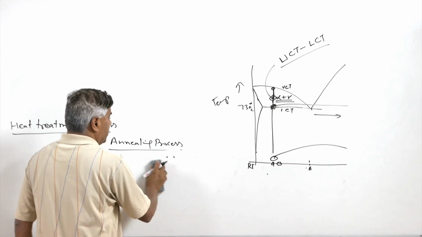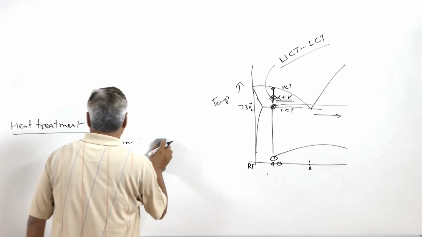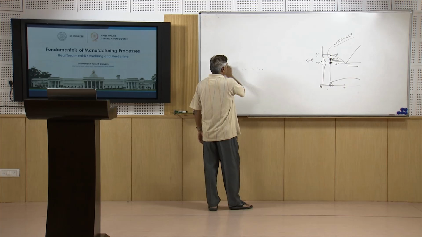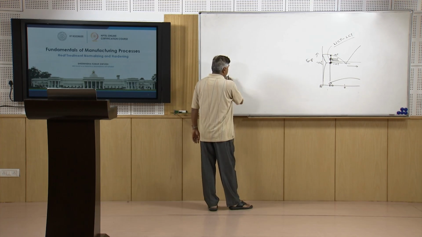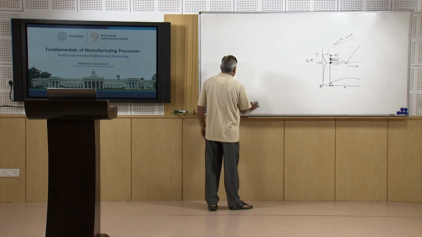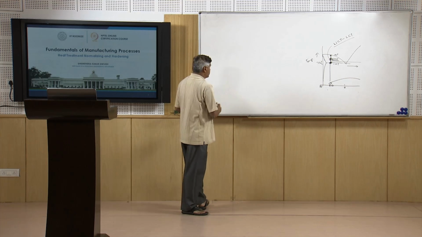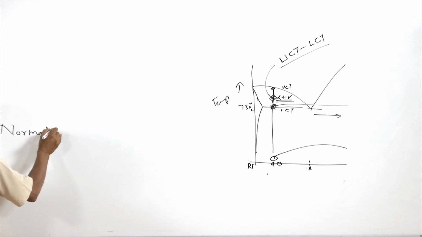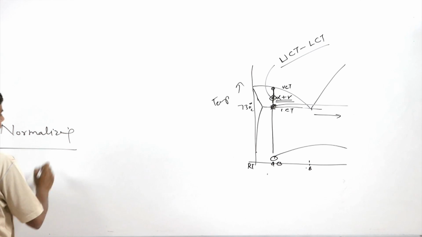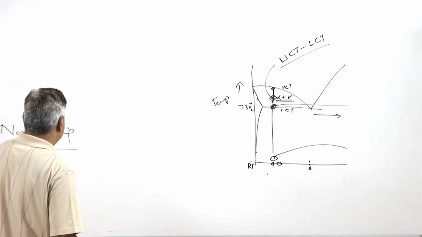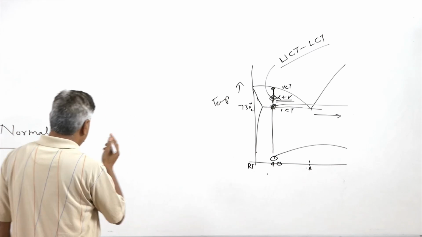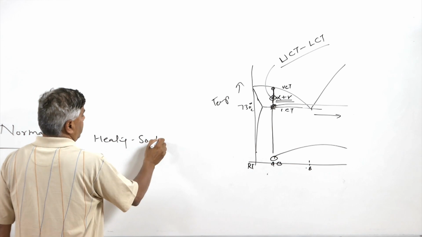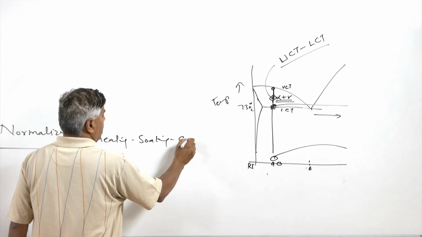Now another important heat treatment is normalizing, which is primarily used for increasing the strength, hardness, and the refinement of the grain structure. Additionally, it also reduces the residual stresses if they have been introduced in the metal in the course of manufacturing. For normalizing heat treatment, again we follow the cycle of heating, soaking, followed by cooling.